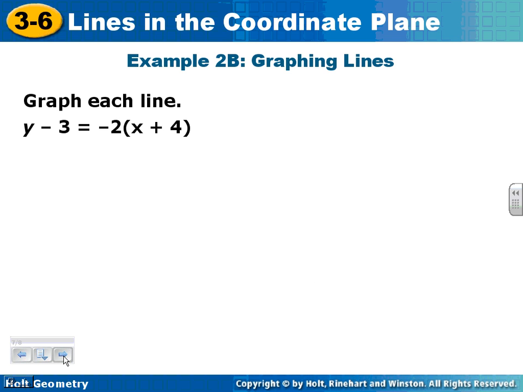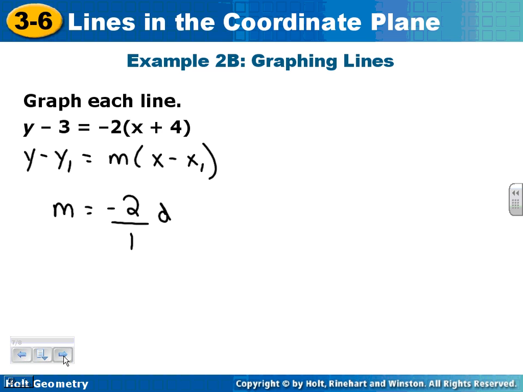With this one, this is not slope-intercept form, but rather point-slope form. And that form was y minus y1 equals m times x minus x1. So looking at the equation, my slope is negative 2, which means negative 2 over 1. So I don't want to go up, but rather down because it's negative.